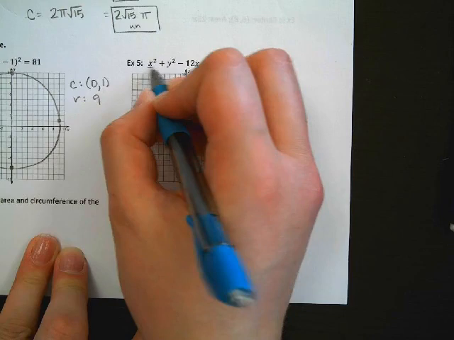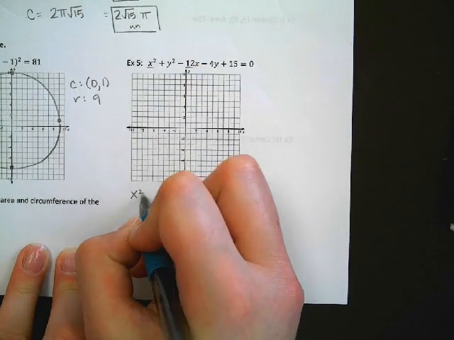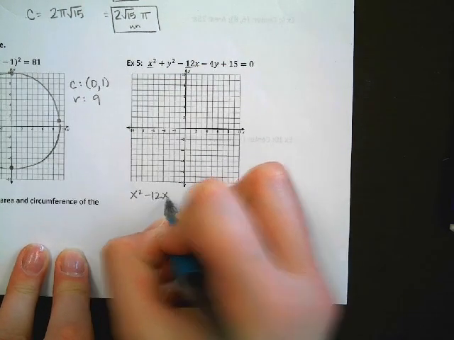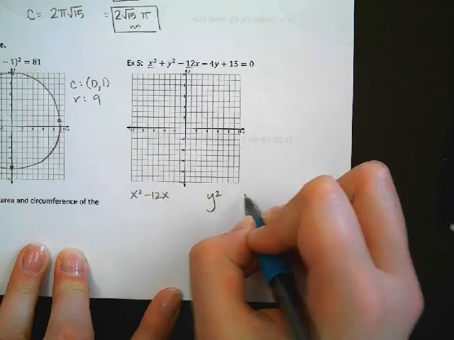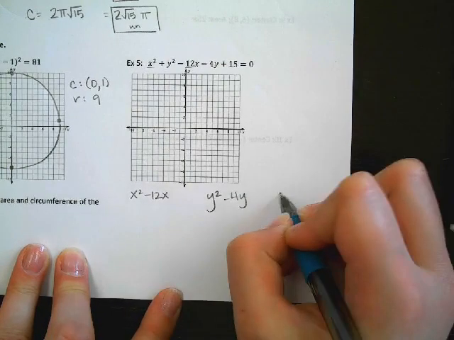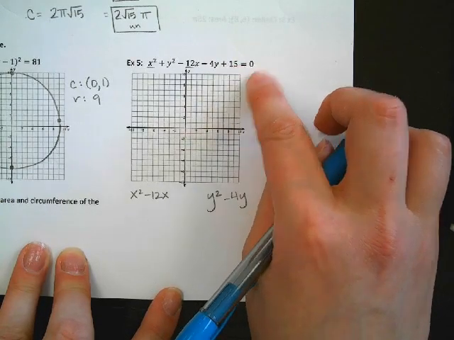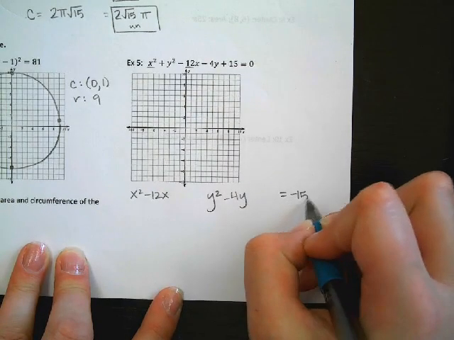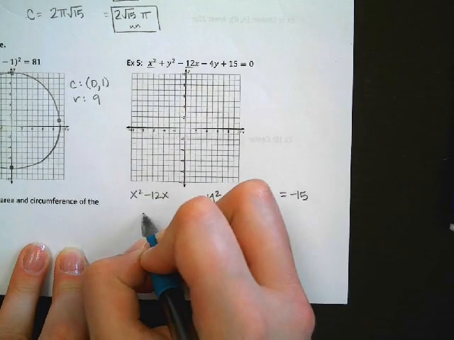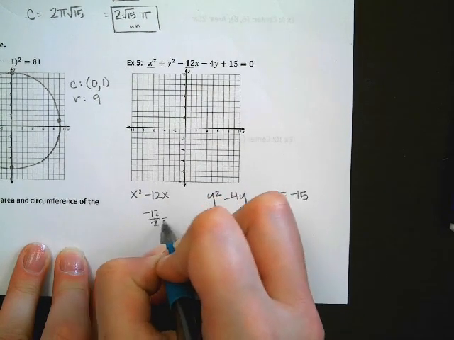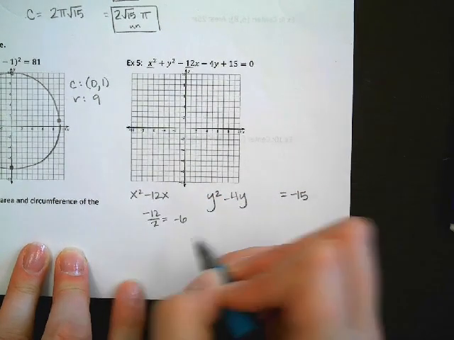So I'm going to put my x's together. I have x squared minus 12x, and I have y squared minus 4y. And then the number that did not have a variable attached to it, I'm going to move to the other side, so negative 15. Negative 12 divided by 2 is negative 6.